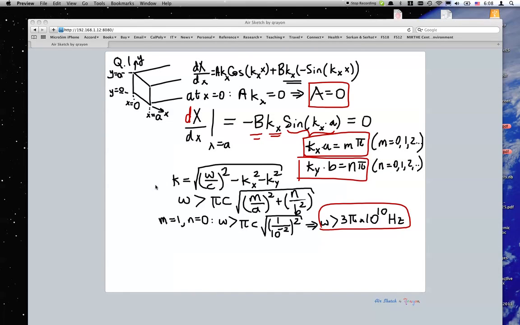Now, I can try some other quantities. For example, I can try m equals 0, n equals 1.